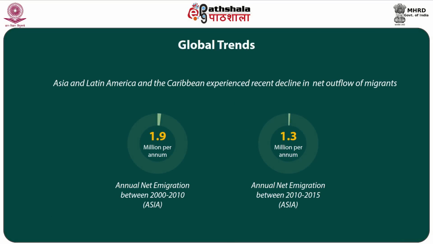Both Asia and Latin America and the Caribbean experienced a recent decline in net outflow of migrants. For Asia as a whole, annual net emigration fell from 1.9 million between 2000 and 2010 to 1.3 million between 2010 and 2015.